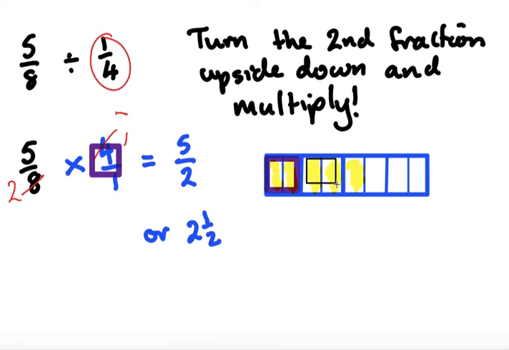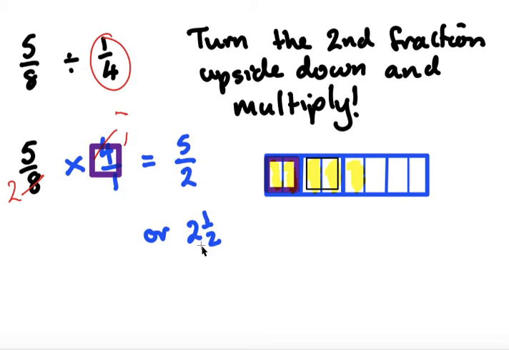So here's my next quarter. And then if I draw a third quarter, I see that it won't quite fit. I've got 2.5 quarters. That's why the answer is 2.5. So you can see that 2 quarters fit, 1, 2, and this last box here is only half of a quarter. That's why my answer is 2.5.